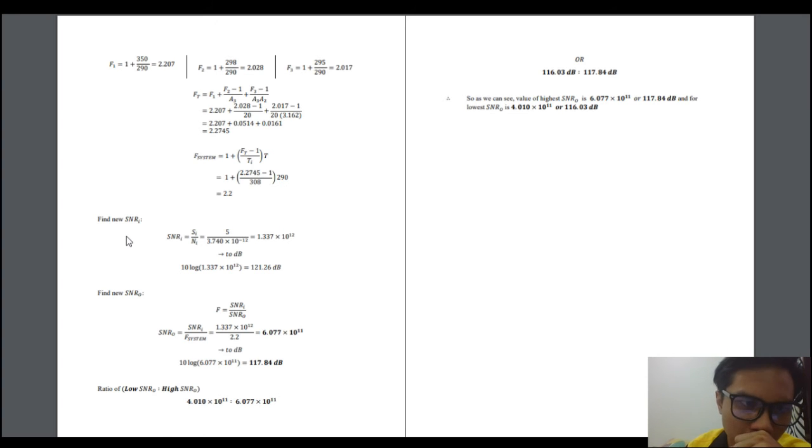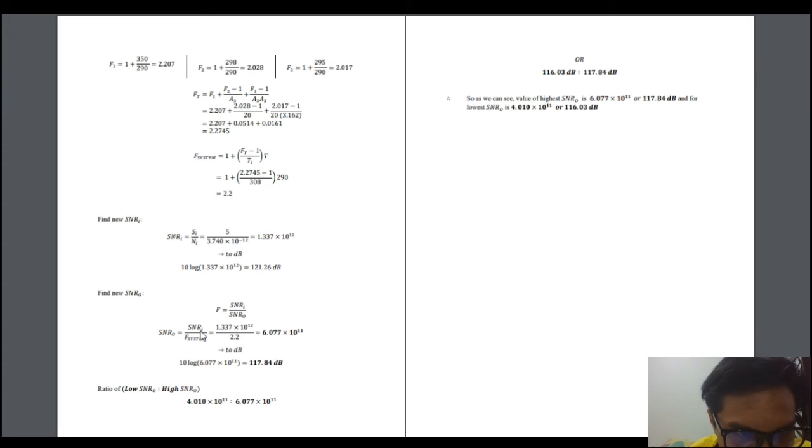So find our new SNR input. The S input divided by the N input, we got 1.337 multiplied by 10 to the power of 12. So we're going to use it to find our new SNR output.